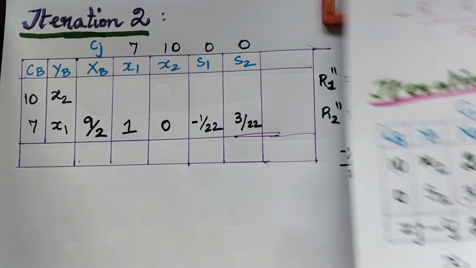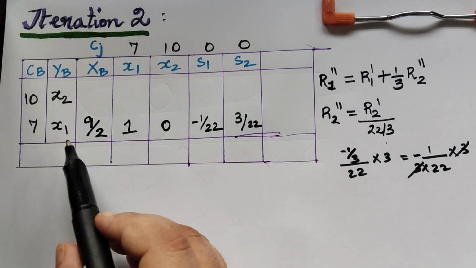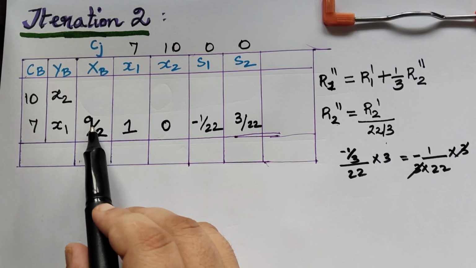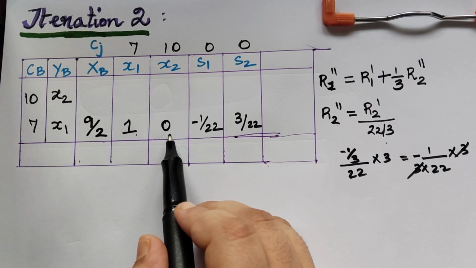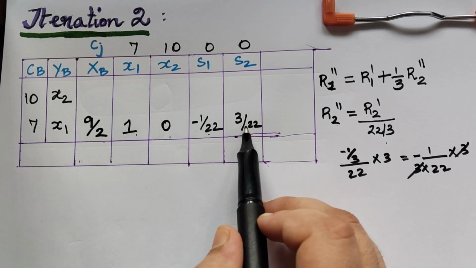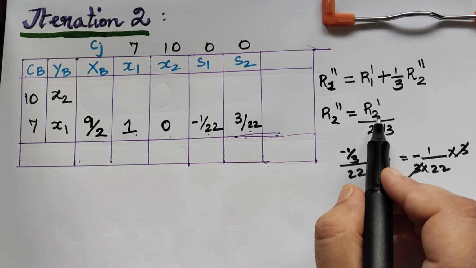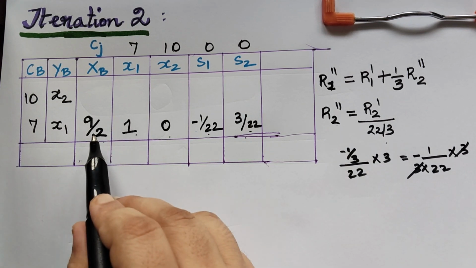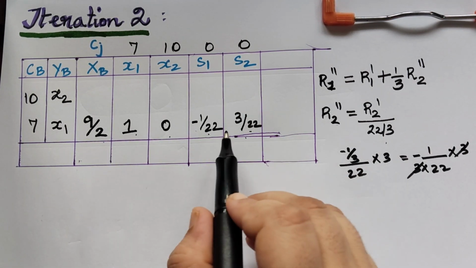So when we divide, we get the new pivotal equation R2 double dash, which is 9 by 2, 1, 0, minus 1 by 22, 3 by 22. You can do and check it out. It is just a division of R2 dash by 22 by 3. So this is the resulting new equation of R2 double dash.